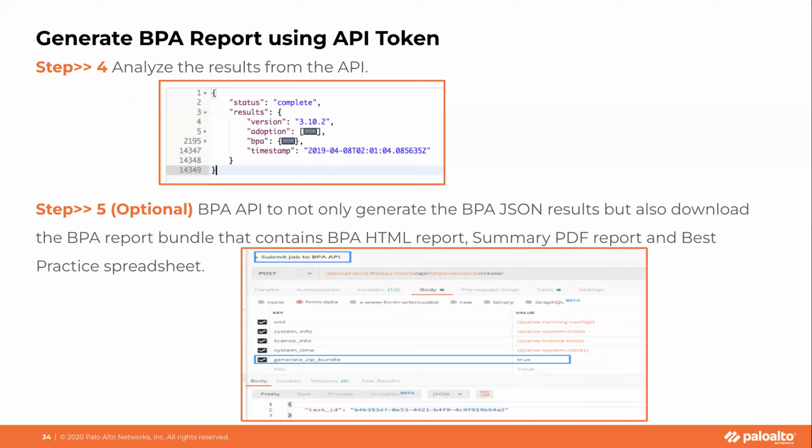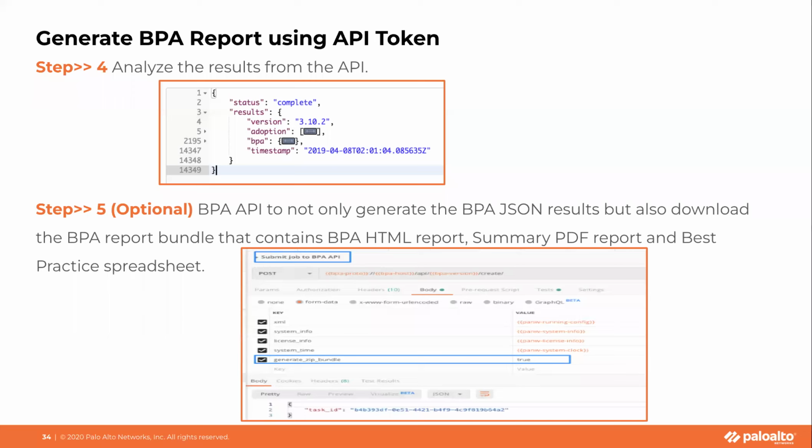The overall adoption is basically the adoption of security profiles in security policy allow rules, and the percentage is based on the number of allow rules that have one or more profiles enabled. And this report will not count the disabled rules.